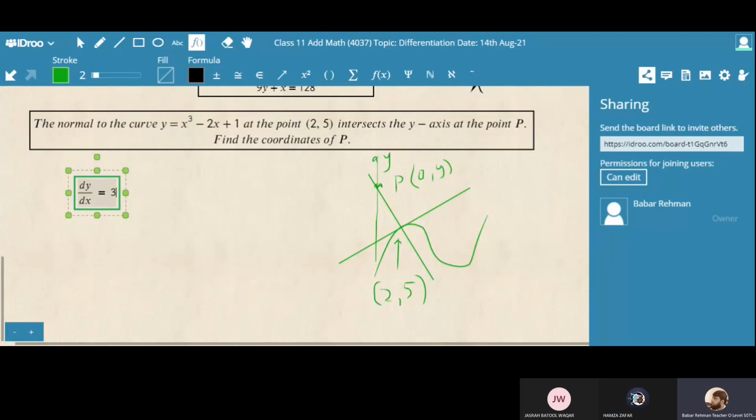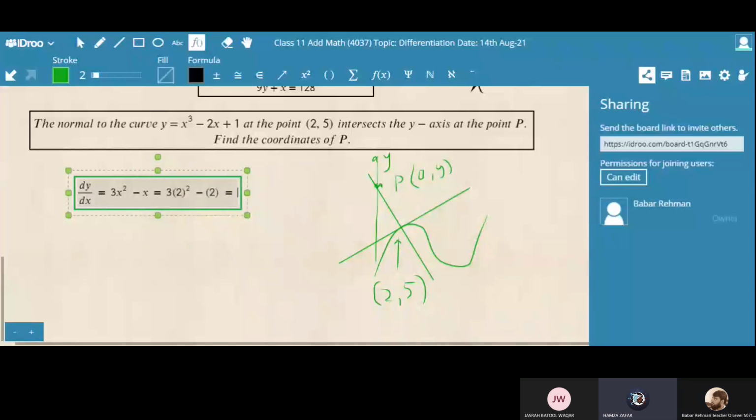Okay, first you write 3x square minus 2. You did this and then you substitute the value of x to find the gradient. So what did you substitute here? 2. Okay, minus 2. Now, what is your gradient? Tell me. 10.